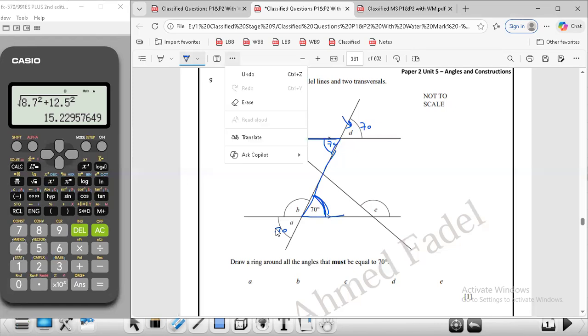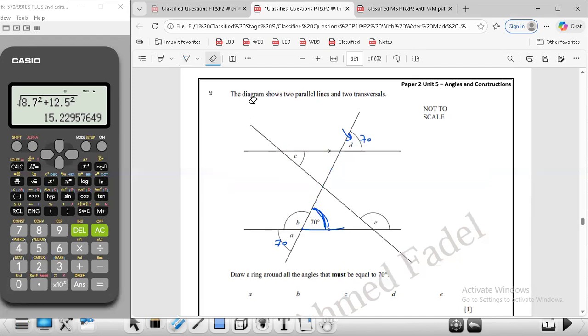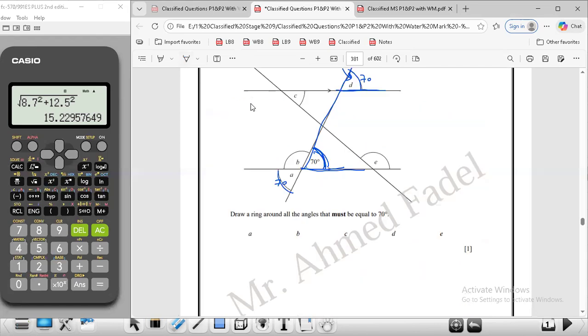So if I erase this one over here, you're going to find that they are vertically opposite. They are corresponding. Look at the F shape. This is 70, so this is 70. This is 70, so also A is 70, vertically opposite, while the other is corresponding. So it is A and D.